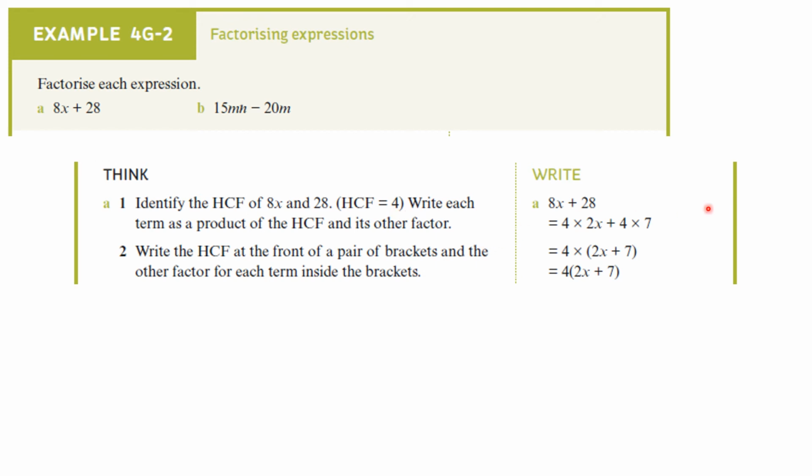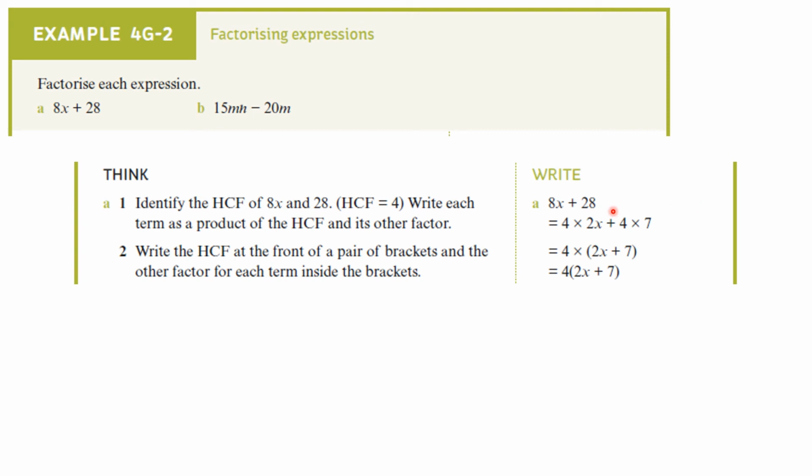You need to make sure that you are well equipped with your times tables when you are trying to find your highest common factors. It is so important when you're doing this. It makes these questions much easier to do if you know your times tables well.